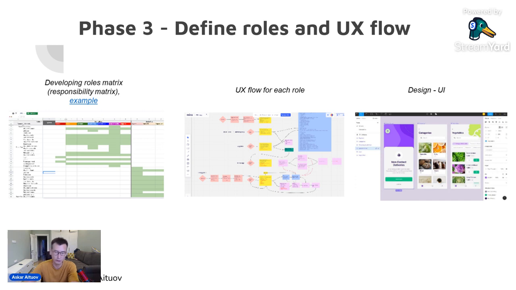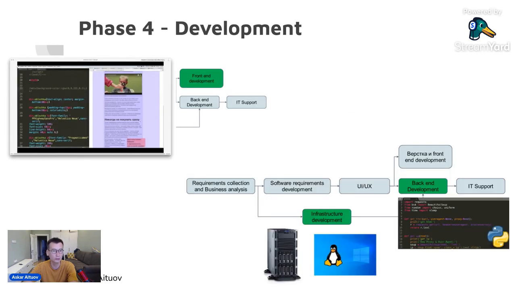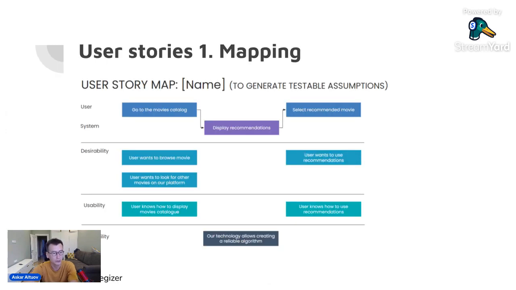For example, we have a role of manager, a role of farmer, and maybe some maintenance engineer. Then we build a user experience flow for each role, and doing design, actually the beautiful part is in the end, and actual software coding and hardware engineering is done only after we obtain user requirements.